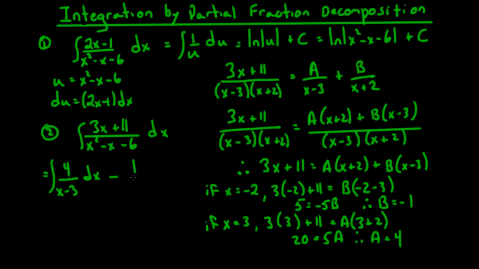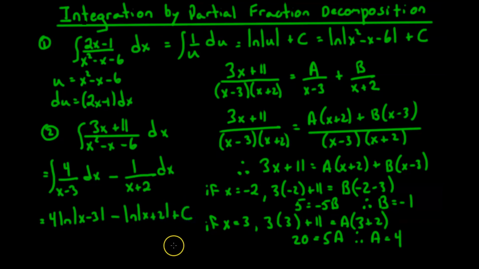So 1 over x plus 2 dx. And these are integrals that I can do. The 4 I can bring outside the integral. It's just a constant, so we'll get 4 times the ln of x minus 3. Same with the 1. I'll bring the 1 out, so minus 1 times the ln of x plus 2. And then we simply add that constant c.